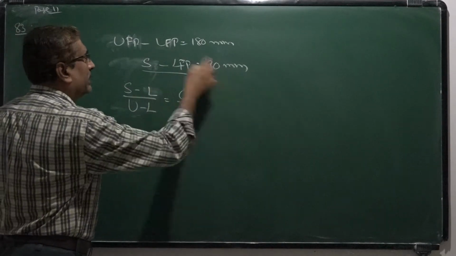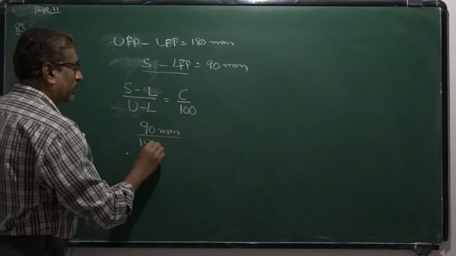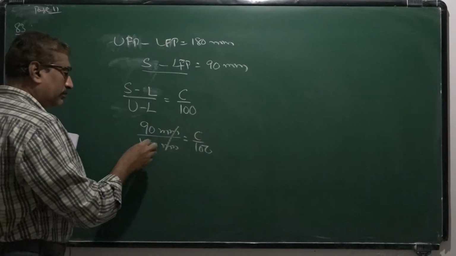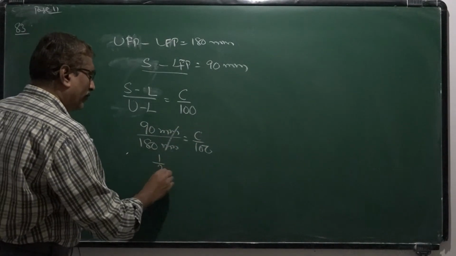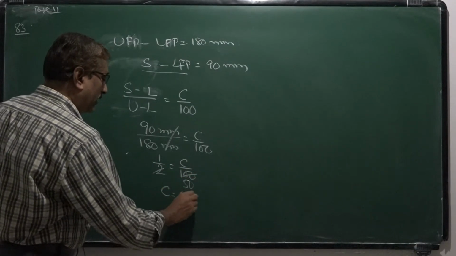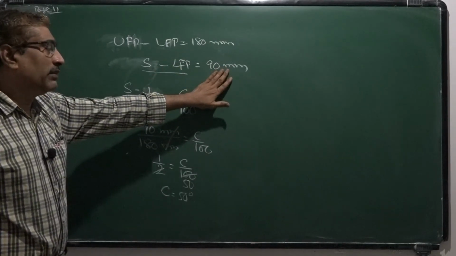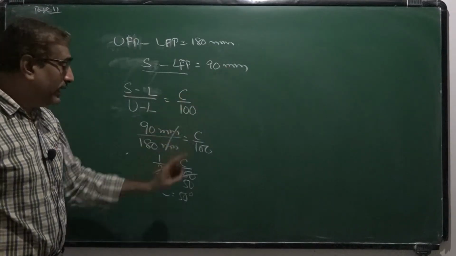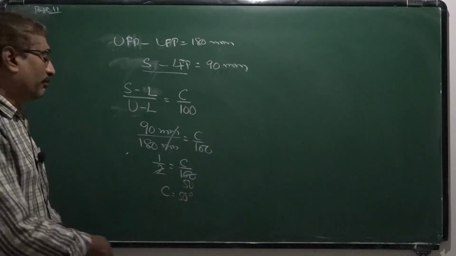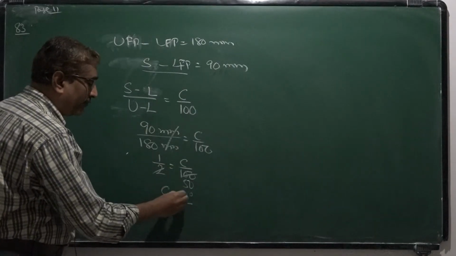Now this difference is 90, this difference is 180. So 90 millimeter by 180 millimeter equals C by 100. Cancelling, 1 by 2 equals C by 100, so C equals 50 degree. So if the mercury thread is 90 millimeter above the lower fixed point, the temperature of this scale is 50 degree centigrade.